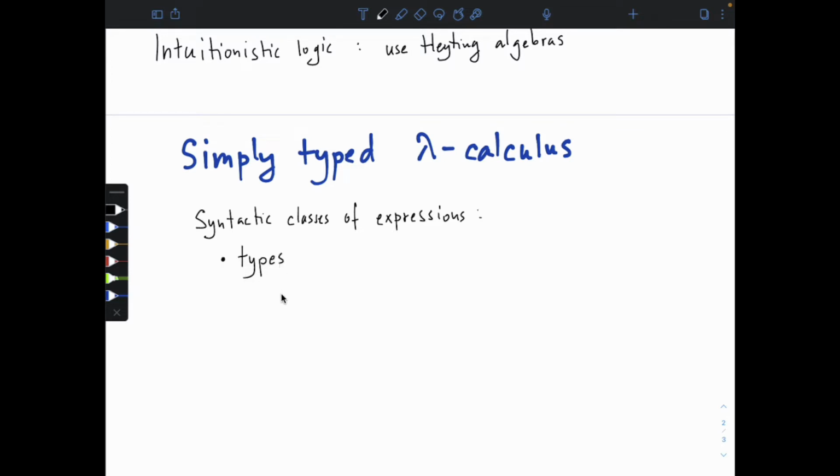By the way, I'm now giving you a description of the simply typed lambda calculus as a syntactic entity. But there is an important question of what it all means, and that's the chapter called Semantics, which I'm not going to touch on here. But if anybody is interested, there are of course also thick books about that. So there will be types, some expressions which are called types, and then there will be some expressions called terms.